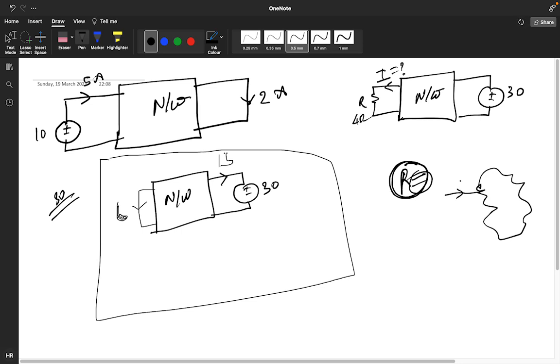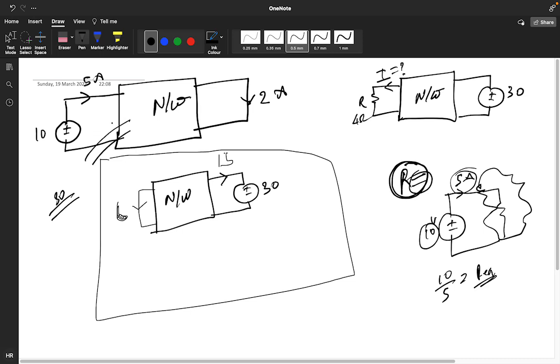If I know the current and I know the voltage, if I simply divide this voltage by this current, I will get the R value, 10 divided by 5. I will get the R equivalent from this point. R equivalent is coming how much? 2 ohm.